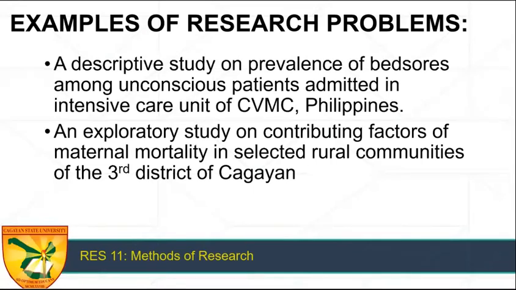So what are the things that you can see in a research problem? I'll give you like 5 seconds to think about or digest what are the elements that you see in these examples.